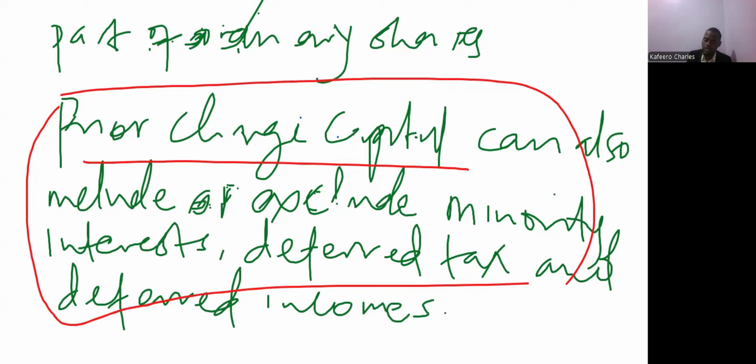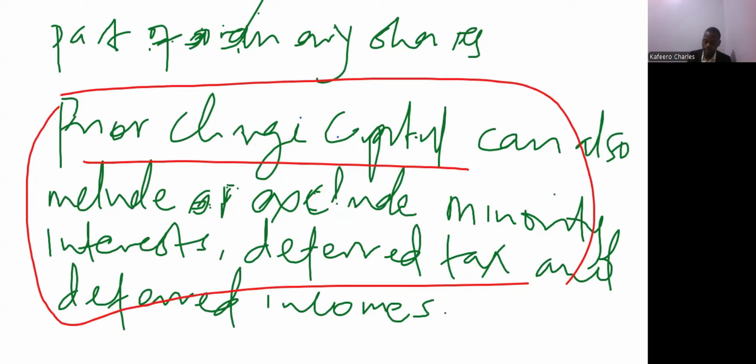Prior charge capital, we said it is that capital where you are going to pay interest on it, or you are going to pay dividends on it. If it is shares, those shares must be able to receive dividends from where they came from. And if it is a loan, you must be able to pay interest on that loan.